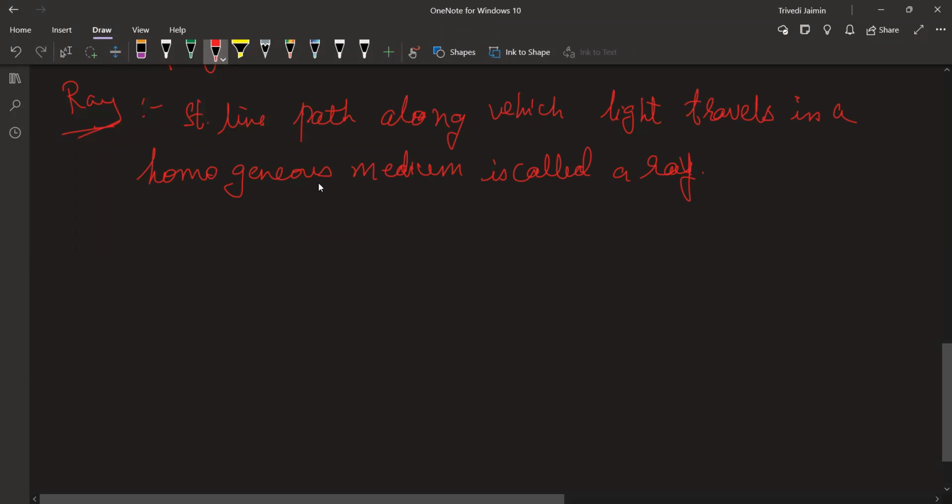Now, how do we represent a ray? Like this, an arrow mark. This is your ray. Next is beam.